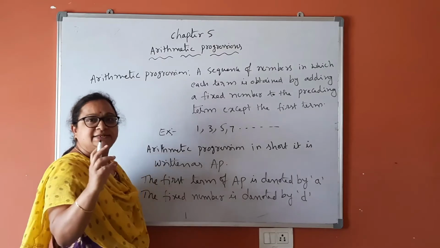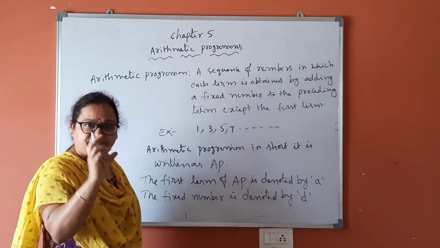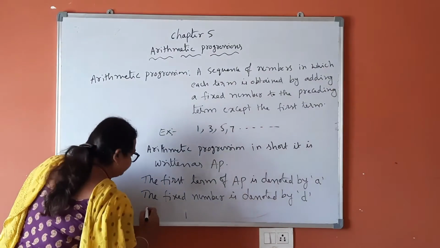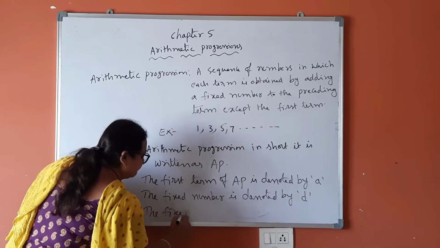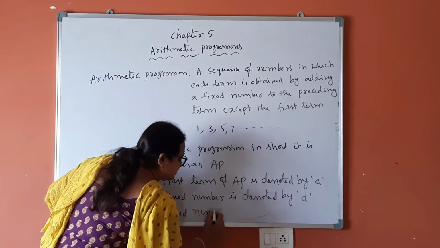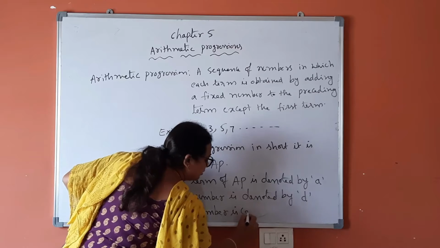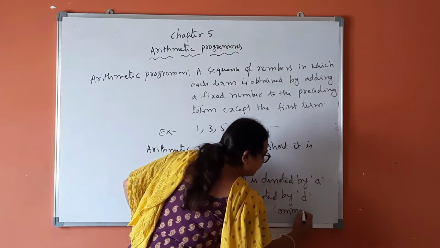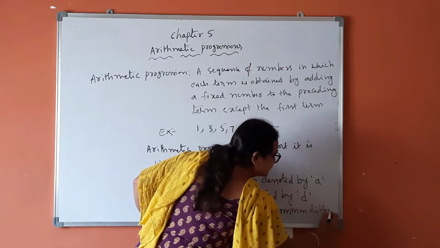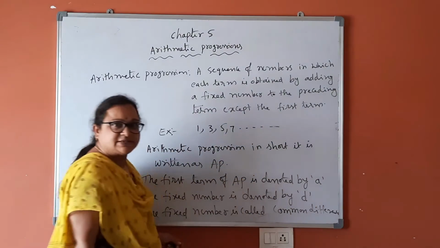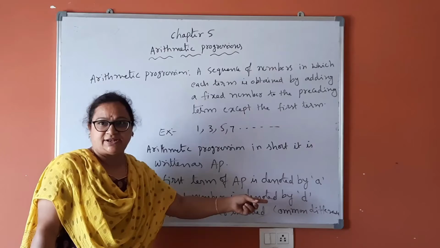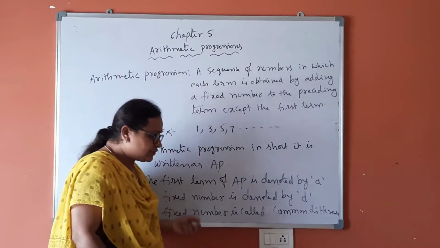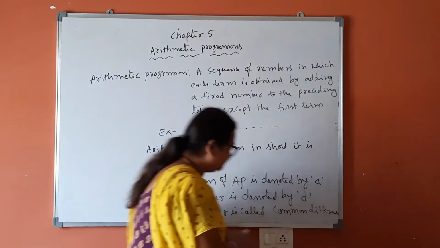The fixed number is called the common difference of AP. So, the common difference is denoted by d.